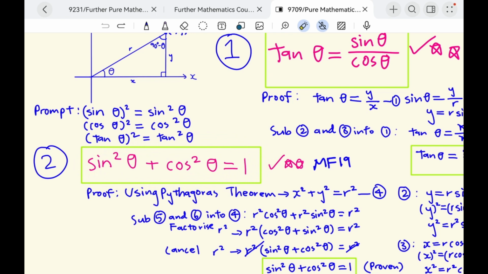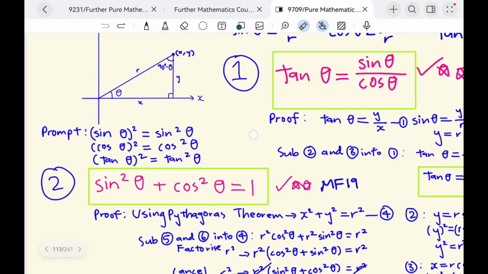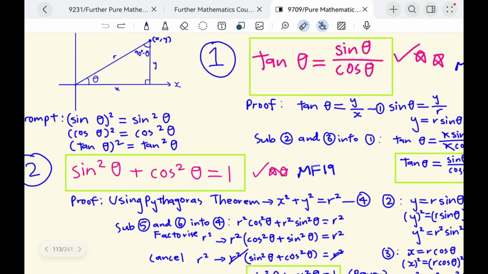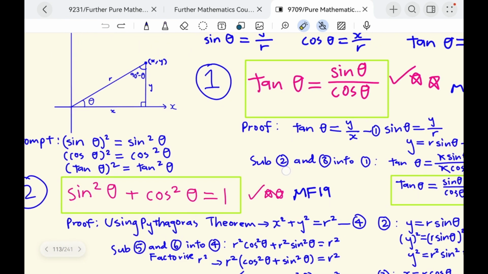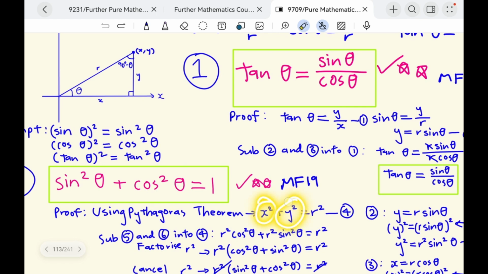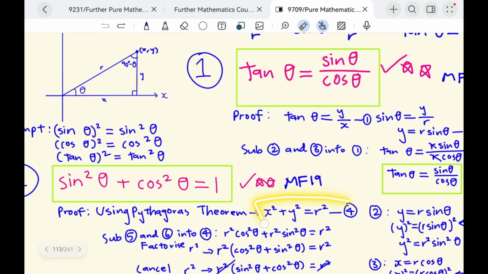It's because you need to relate the trigonometric functions to the Pythagoras theorem. Use the fact of the Pythagoras theorem, x squared plus y squared equals r squared. I can also paraphrase it as the square of the adjacent plus the square of the opposite equals the square of the hypotenuse. So label it as the fourth equation.